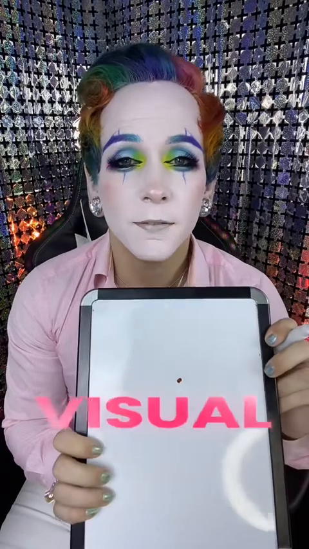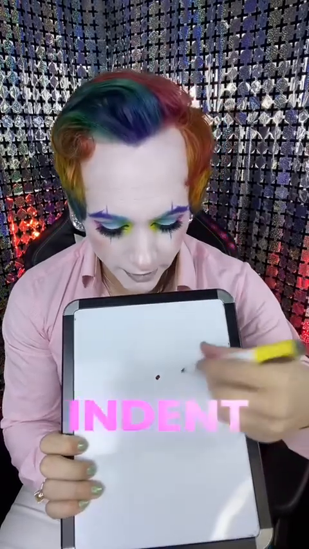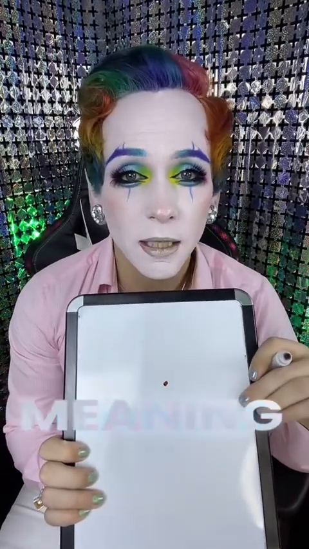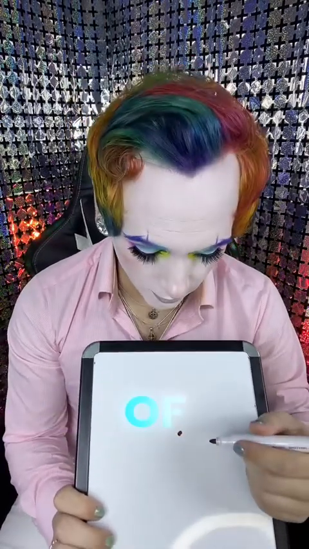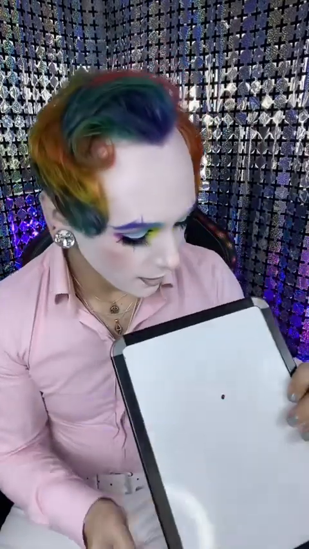Every mark, every visual representation, every indent that you do has a meaning. Okay, this dot, it's not really a whole lot going on there, is it? But it is also the end of a sentence. It is the culmination of, that's probably the best one. It's the end of a sentence. It has meaning, right?